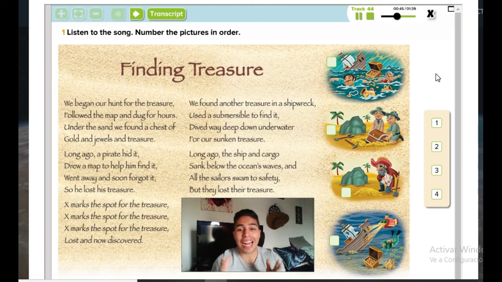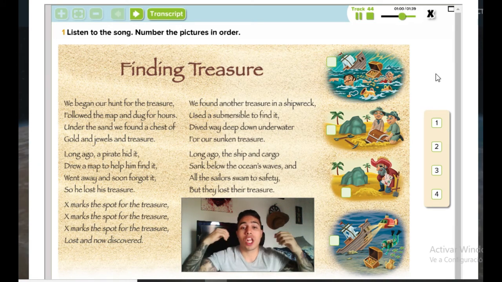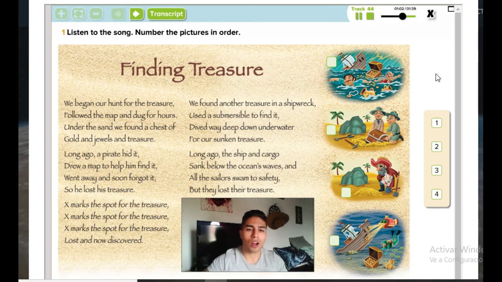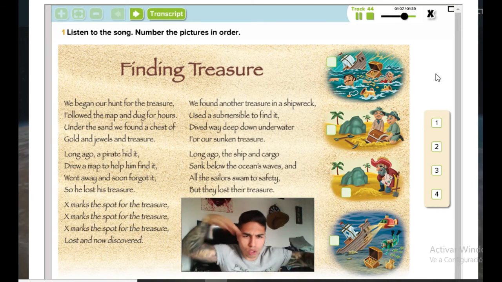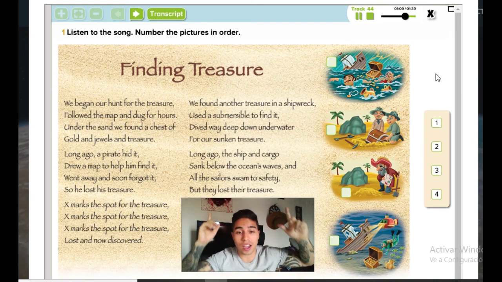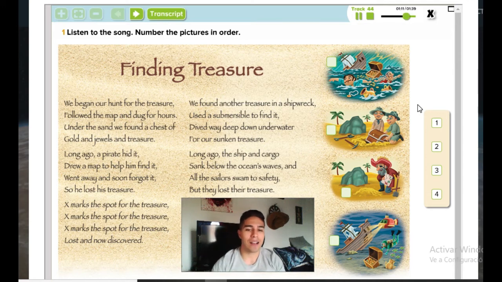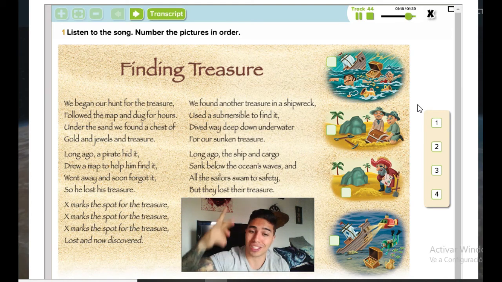We found another treasure in a shipwreck, use a submersible to find it, dive way deep down underwater for our sunken treasure. Long ago the ship and cargo sank below the ocean's waves, and all the sailors swam to safety, but they lost their treasure. X marks the spot for the treasure, lost and now discovered.